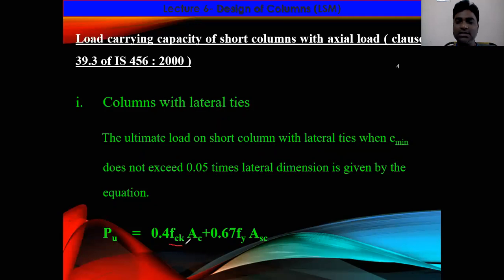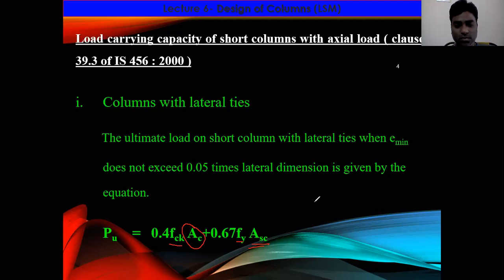fck, the characteristic compressive strength of concrete at the end of 28 days. Ac is the area of concrete, fy is the yield strength of steel, and Asc is the area of steel.